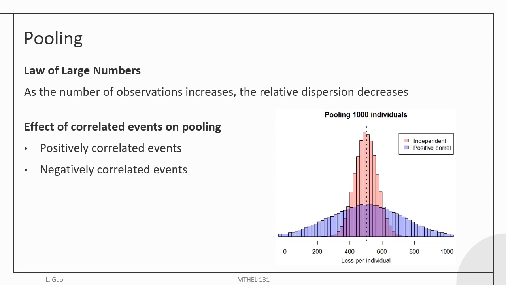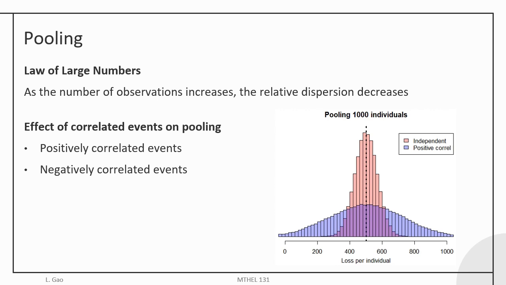And so if we look at the diagram here, this is once again simulated losses. This is basically comparing the distribution for each individual with pooled and shared losses across 100 or 1,000 independent losses. Previously, we've seen the independence case in the red or the pink, right, compared to if these were to be positively correlated losses, that's the distribution in the blue here.